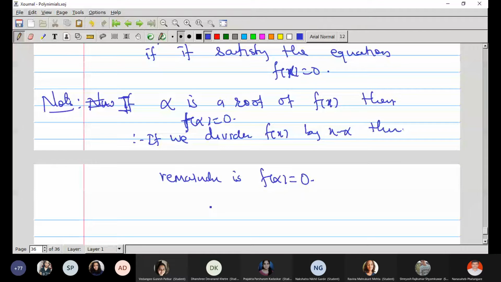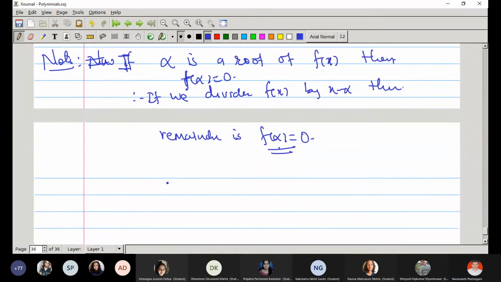This is our next theorem: the factor theorem, after the remainder theorem. Factor theorem means what? If the remainder is 0, then x minus alpha is a factor. So what does the factor theorem state?